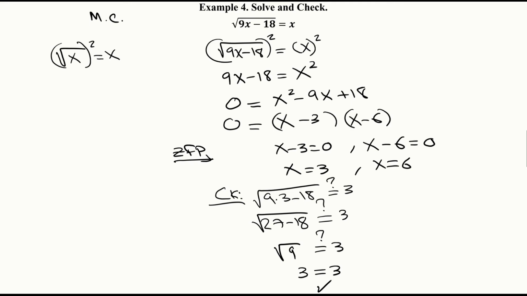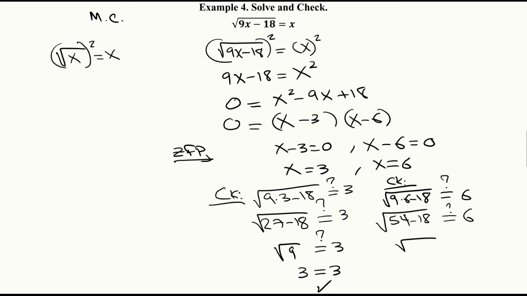We verified it. So now we'll go ahead and check 6. So we want to know if the square root of 9 times 6 minus 18 also equals 6. And the square root of 9 times 6 is 54 minus 18. We want to know if that equals 6.